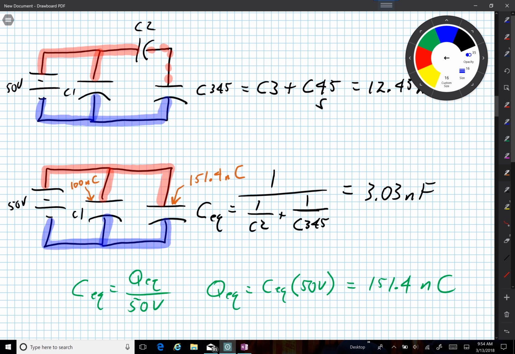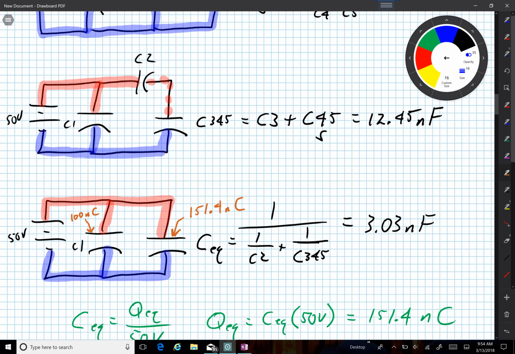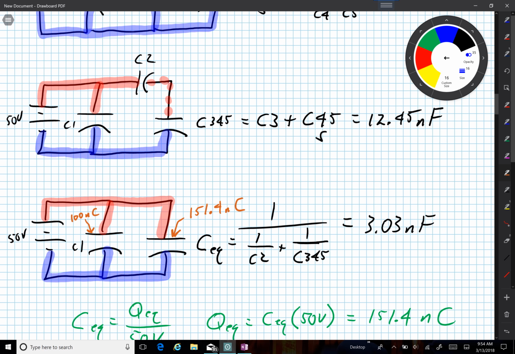But we're not done because we have all these equivalents. We've got to go back up through each equivalent and figure out what's going on in each one of them. So this is still 100 nanocoulombs, because that's exactly the same in both diagrams.